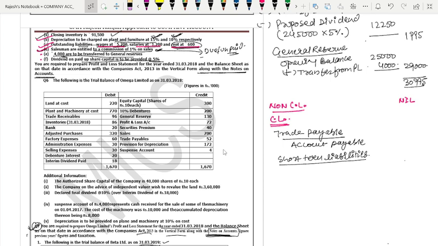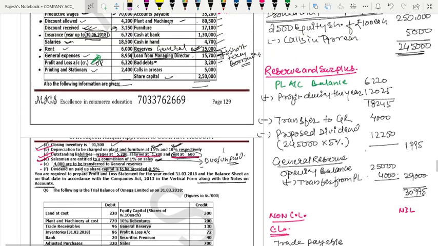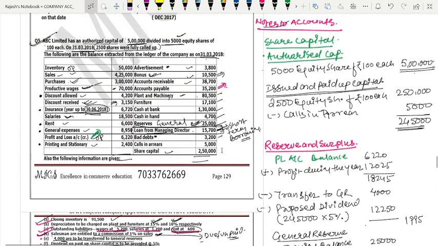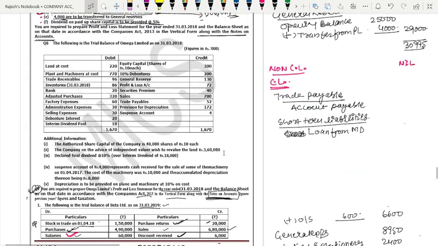The short term borrowing: I said loan from MD. Loan from MD. Write down the amount. The amount is 15,700 and the account payable is 35,200.